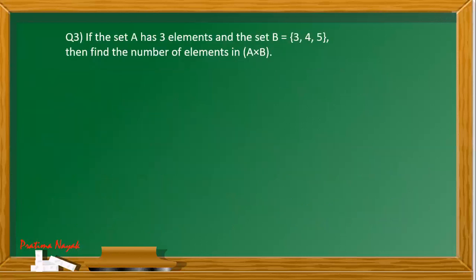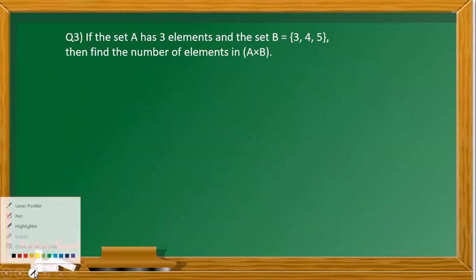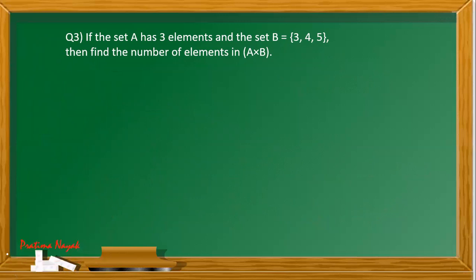Next, read the question. Question is, if set A has 3 elements and set B has {3, 4, 5}, find the number of elements in A product B. It's very simple.